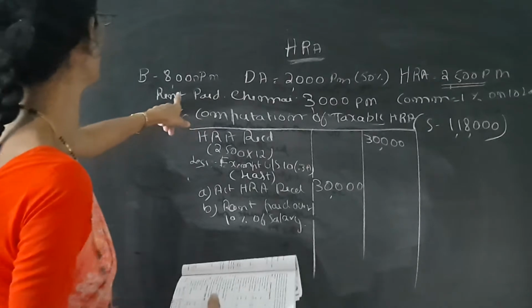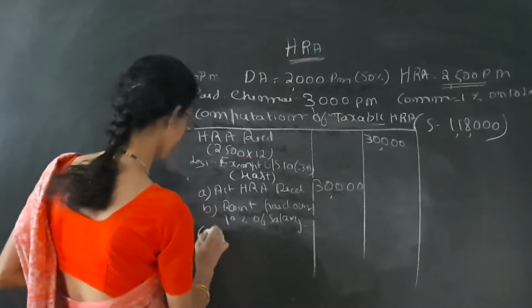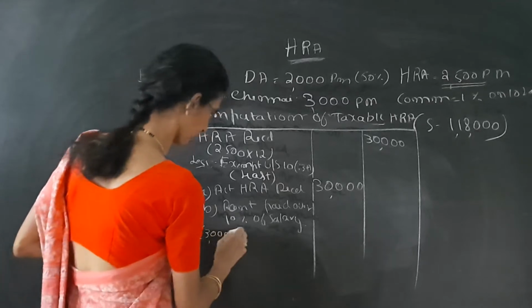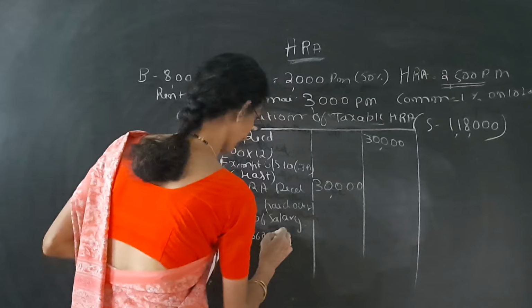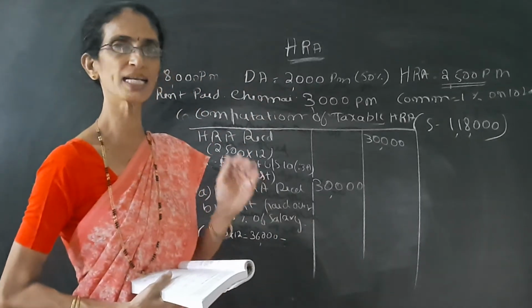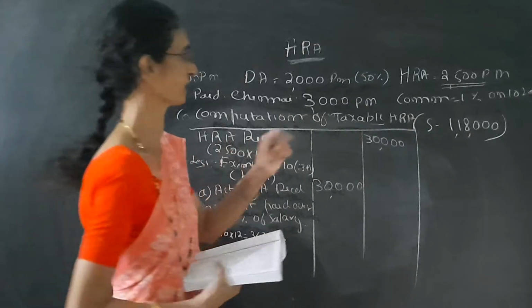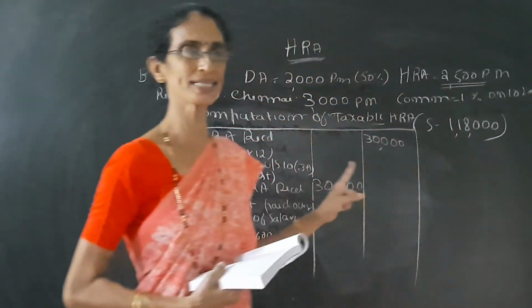So rent paid, here it is given, rent paid at Chennai is 3,000 per month. That is rent paid is 3,000 into 12, which is equal to 36,000, over 10% of salary. We already calculated the salary in the working note, so we have salary of rupees 1,18,000.